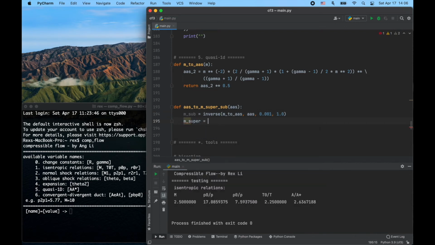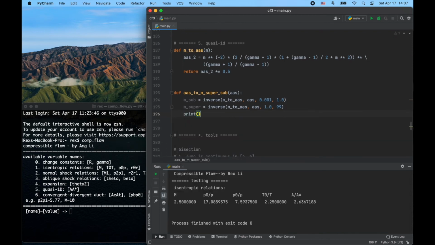And I'll just print everything here. So this is a quasi-1D flow. And we will print out A/A star, M super, and M sub.